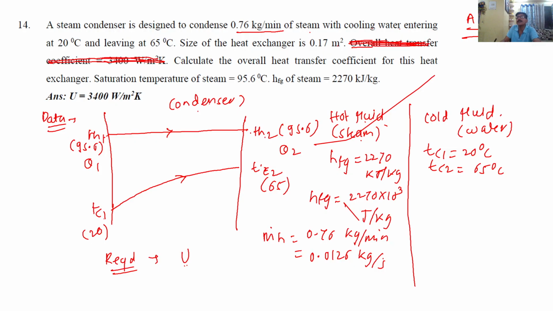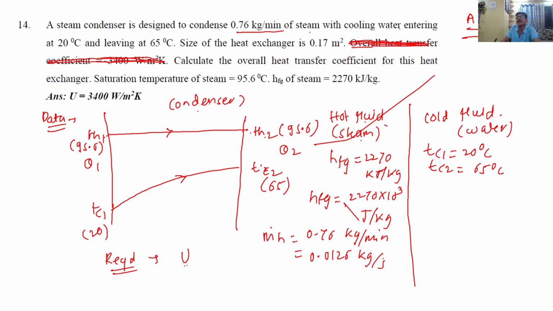Delta T for the C minimum fluid divided by the maximum temperature difference, that is TH1 minus TC1, for the heat exchanger. So what is the C minimum fluid? C minimum is 26,666. This is for the hot fluid. So the hot fluid is the C minimum fluid.